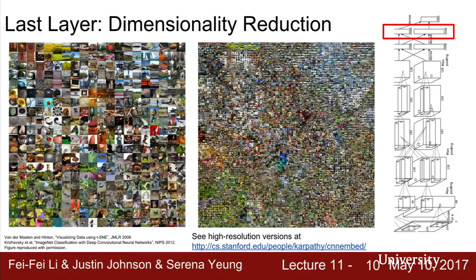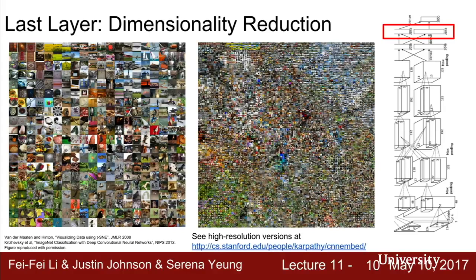Now we can do a similar type of visualization where we apply this t-SNE dimensionality reduction technique to the features from the last layer of our trained ImageNet classifier. To be a little bit more concrete, we take a large set of images, run them all through our convolutional network, and record that final 4096 dimensional feature vector from the last layer for each image, which gives us a large collection of 4096 dimensional vectors.